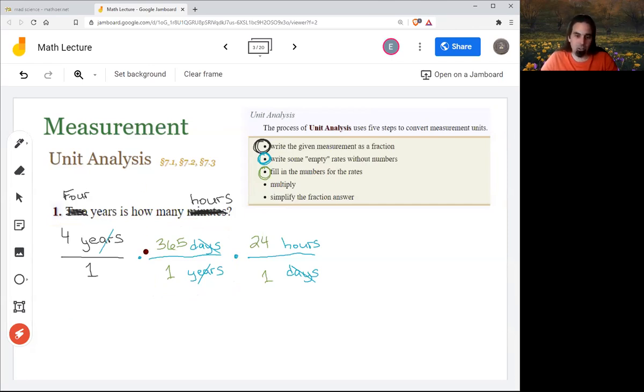So even though this isn't really a fraction, it's not like we have one whole that's a year and 365 parts of it. It's not like 3/4 of a cake or something like that. We can use the comparison, this per that, treat it as if it's a fraction, and it works well for our math. So that works.